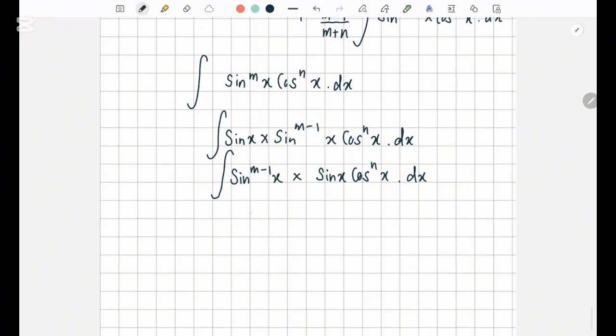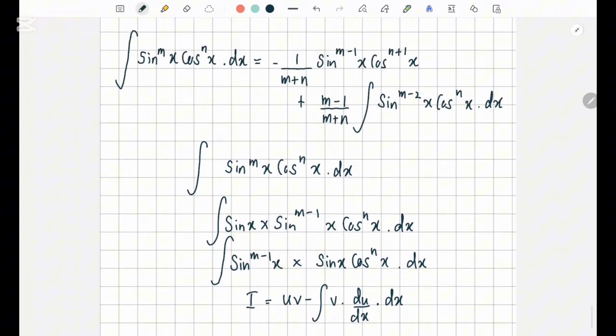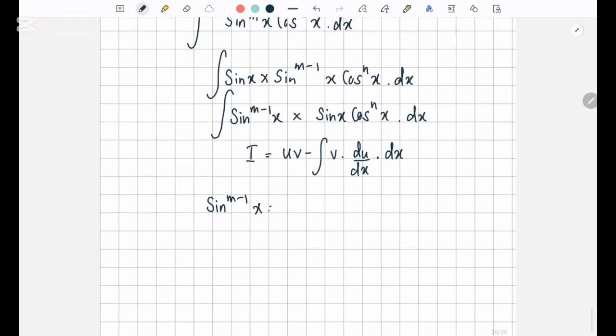Now we're going to use integration by parts. The formula is I equals uv minus the integral of v du over dx dx. Now I'm going to take sine x to the power m minus 1 as u, and I take dv over dx as sine x cos x to the power n.